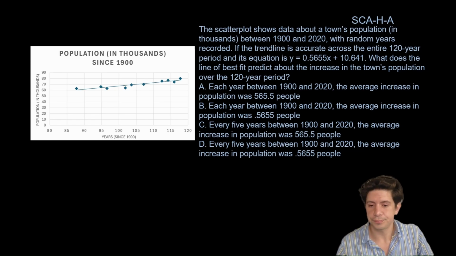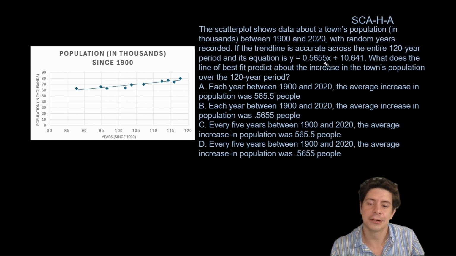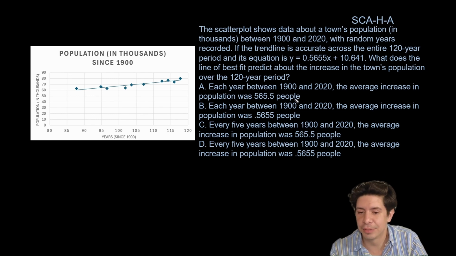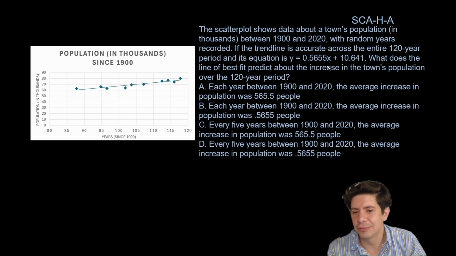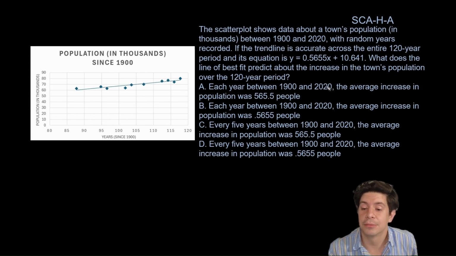So the slope is this here. So this is asking about slope by doing this, the average increase thing, right? But I said when I was reading it, I said in thousands because I was thinking about it out loud. I should have just read it. But what we see is because we're told it's thousands, this is really talking about things in thousands.